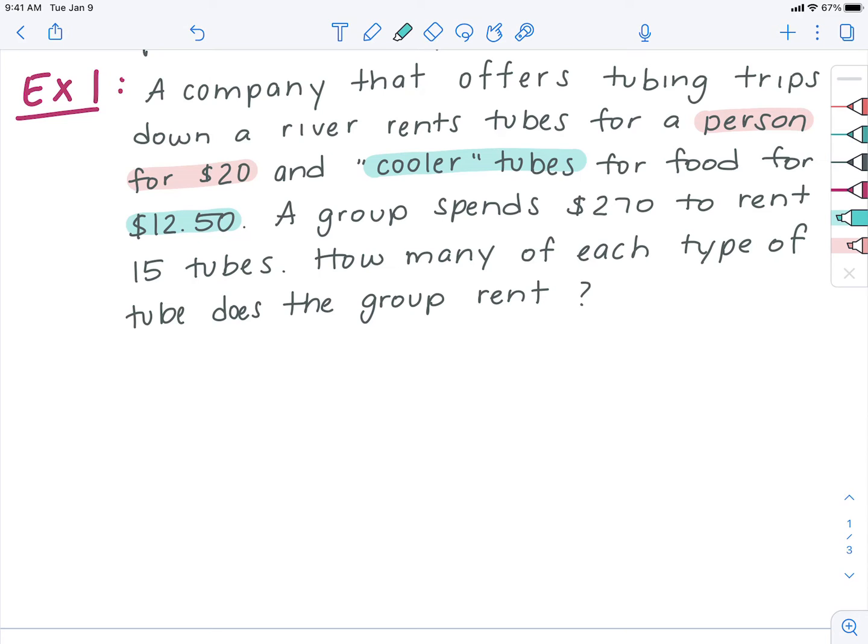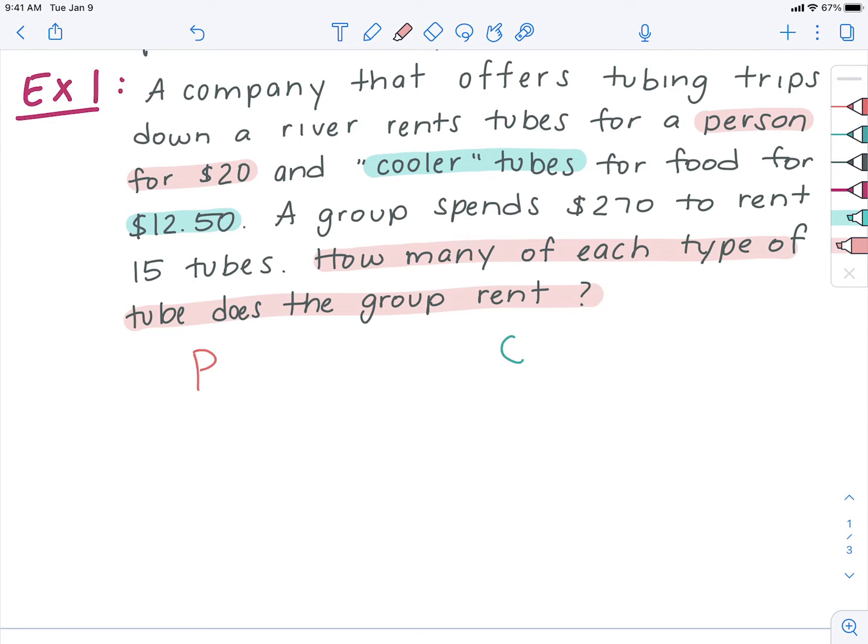So that means my variables will be P and C. Now I don't want to just say P for person tubes and C for cooler tubes. I want to be super specific. So I'm going to go back and read that question again that they asked me at the very end: how many of each type of tube does the group rent?